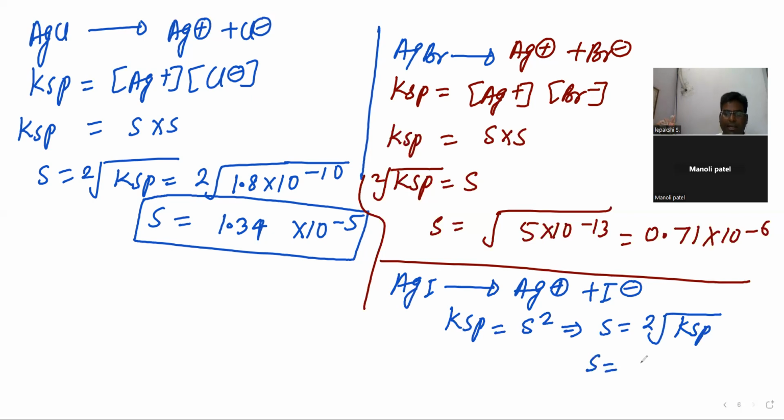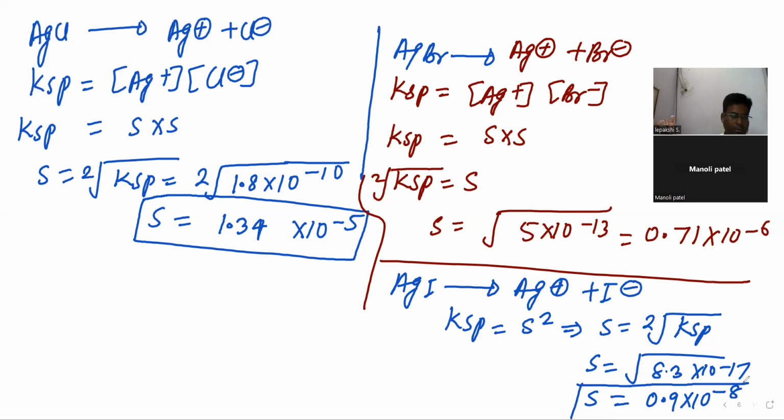With Ksp of 8.3 × 10^-17, S will be 0.9 × 10^-8. Since the solubility of Ag2CrO4 is maximum, you can see the value of S, that is 0.65.